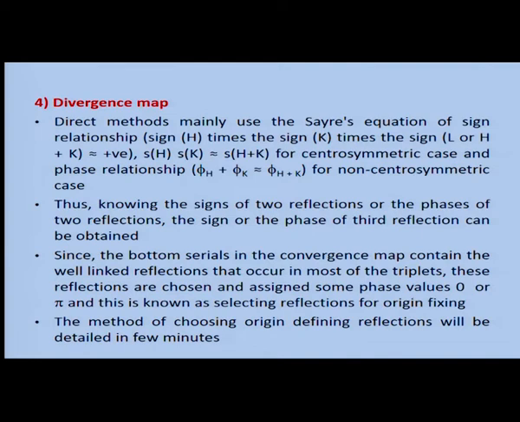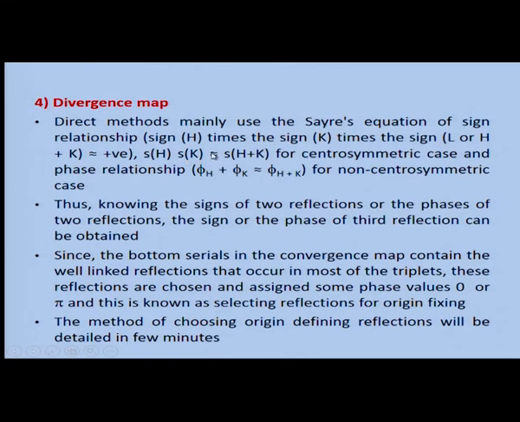From a small set of reflections we are going to extend to a large set; that is known as divergence. Now, if you have a centrosymmetric system, there is a relation: the sign of H reflection and the sign of K reflection should be nearly, because in probability nothing is exact, nearly equal to the sign of H plus K reflection.